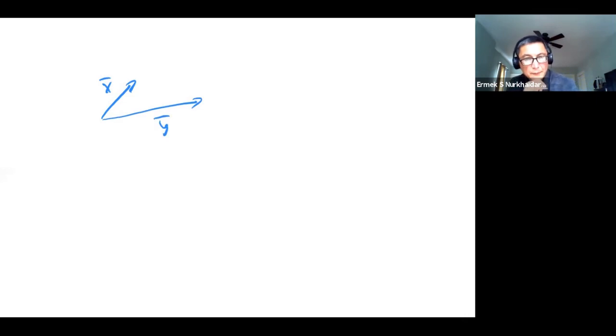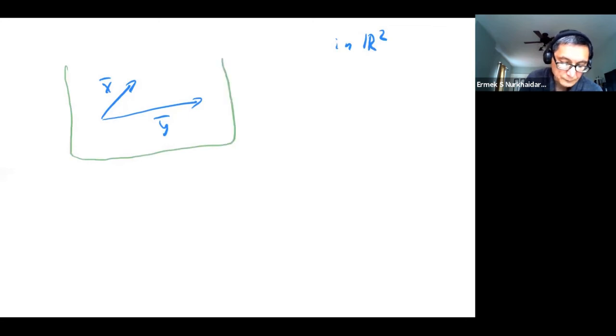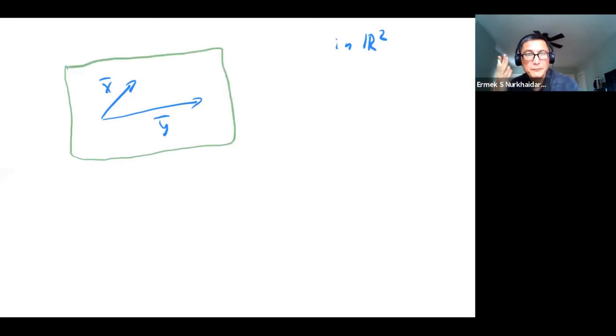If we're working in R2, or in general, not even R2, because we have two vectors, we can pretend that we are working in R2, because there will be a plane which holds these two vectors, x and y.